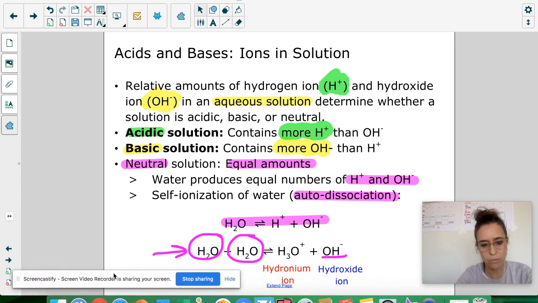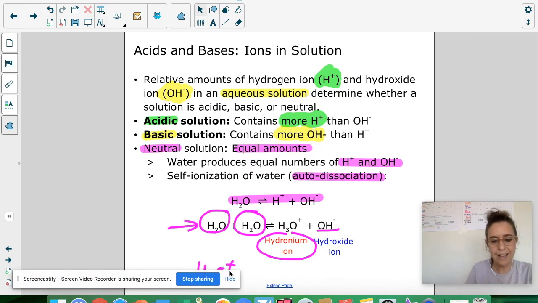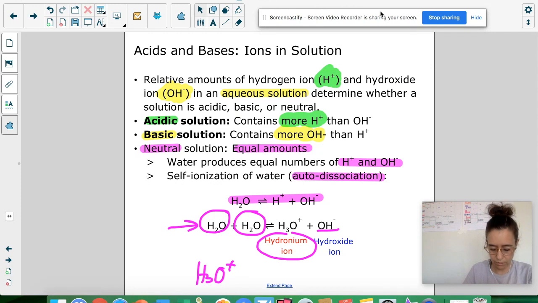I'm going to move this over here. The hydronium ion, the H3O plus ion, has the exact same value as the hydrogen plus. So to see one or the other, it's going to mean exactly the same.